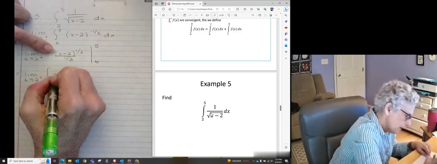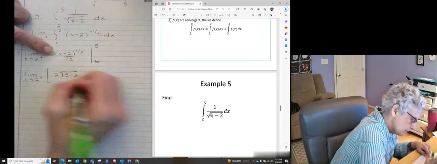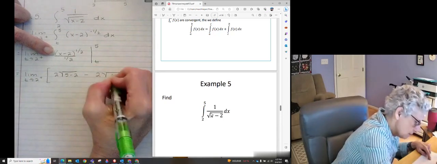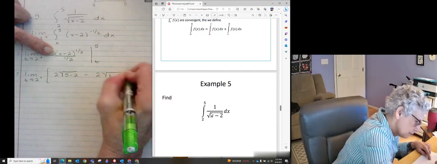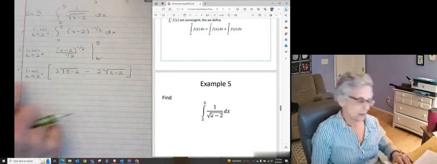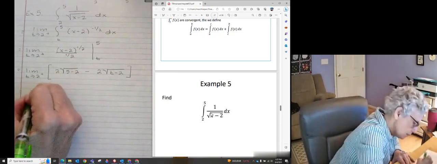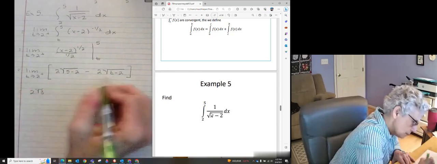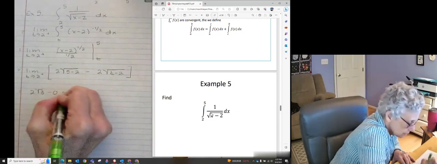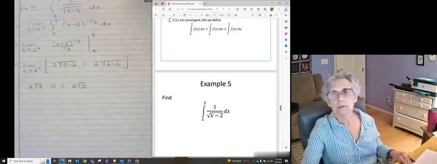I plug 5 in, I get 2 times the square root of 5 minus 2, minus 2 times the square root of t minus 2. As t approaches 2 from the right, I end up with 2 times the square root of 3 minus 2 minus 2 is 0, so just 2 times the square root of 3.